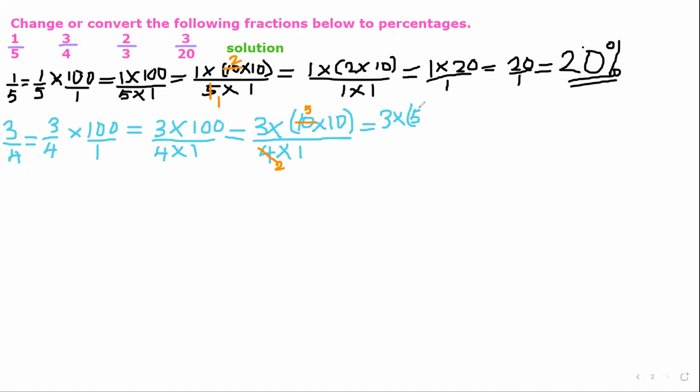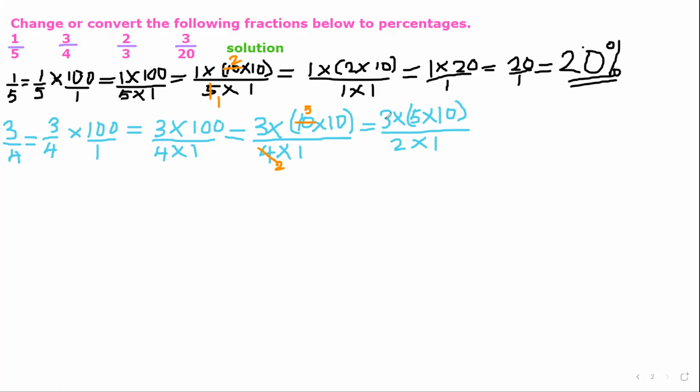This side is not 10 because it has reduced to 5, times this 10 here, all over 2 times 1, because we cancel the 4 to get the 2. Now with the 2 here, I think the 2 can also cancel the 10. We always use the numerator and the denominator to do the cancellation.